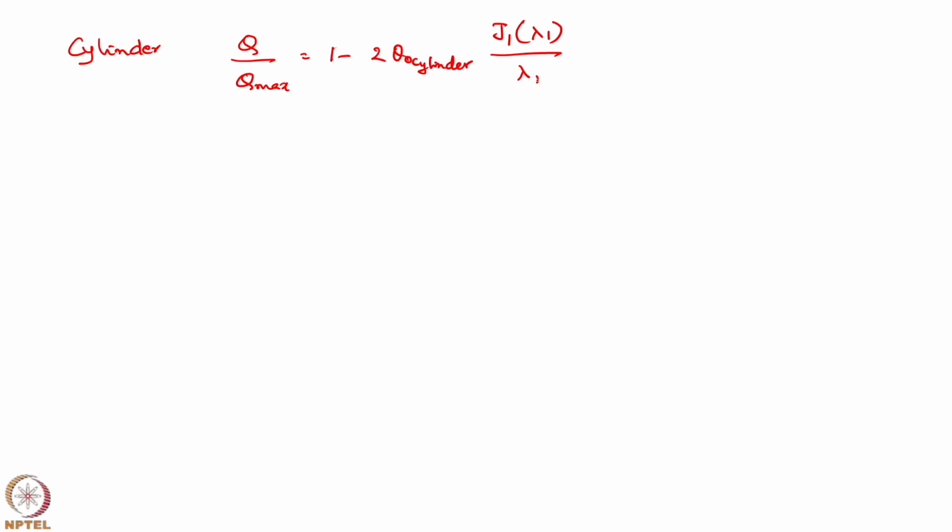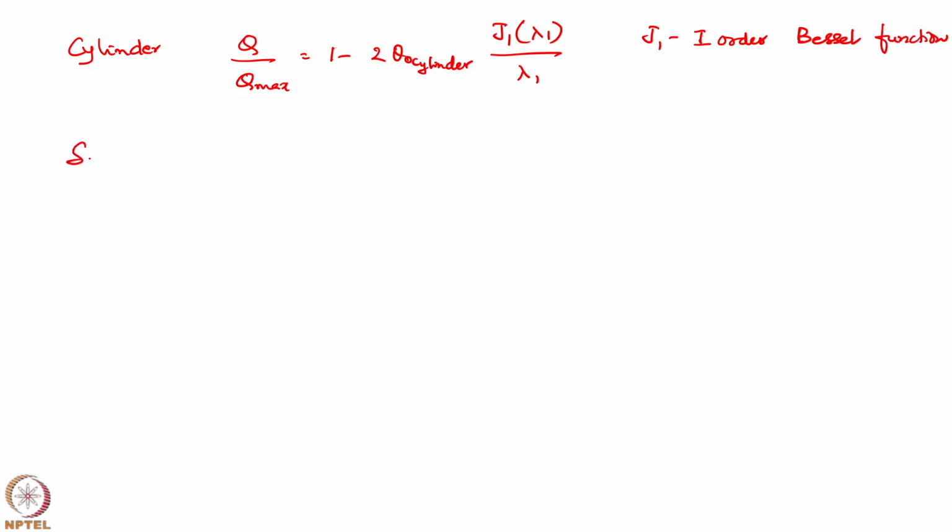So J1 is the Bessel function, the first order Bessel function. You don't have to worry about that function because the values are given in the form of a table.